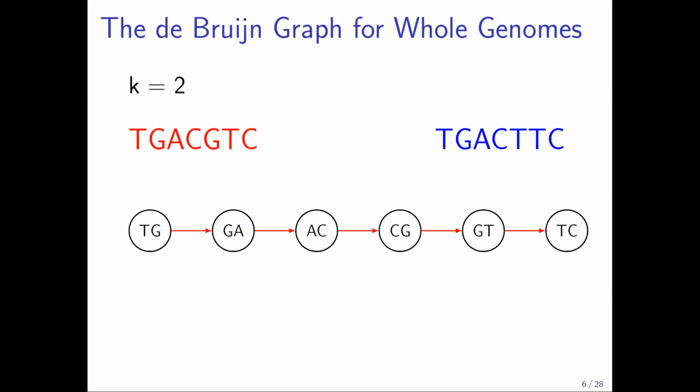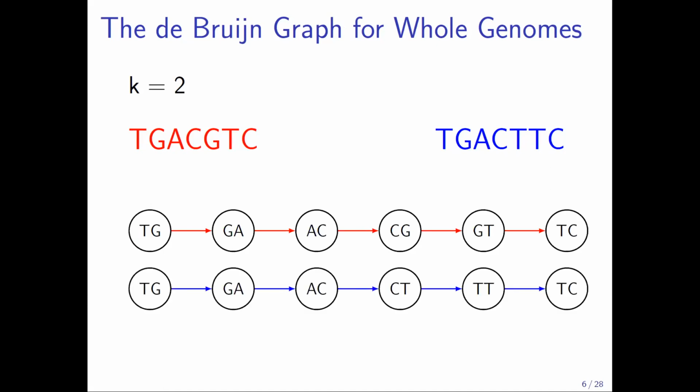We designate each subsequence as a vertex, and we draw edges from left to right in the order of the sequence of these substrings that we call k-mers. We also repeat this process for the blue one.